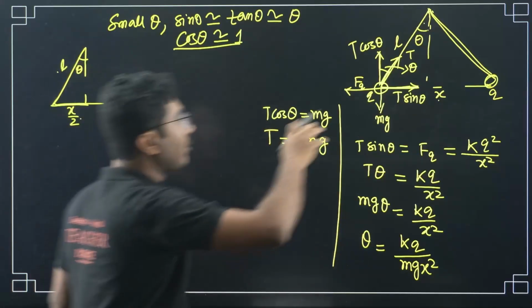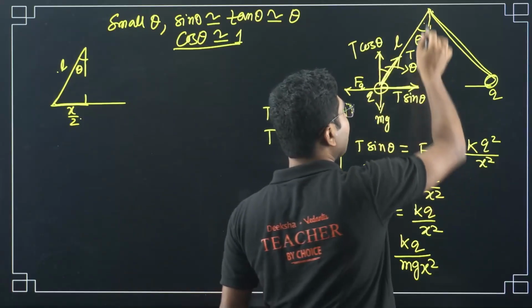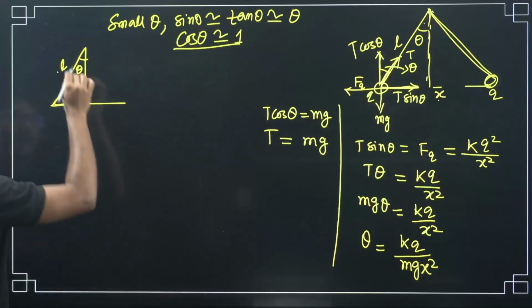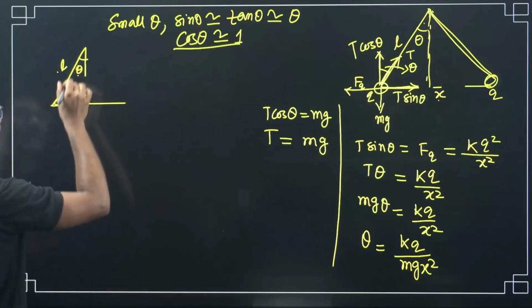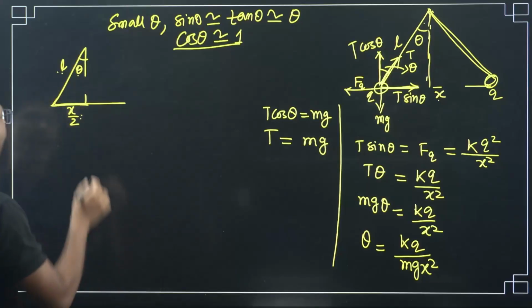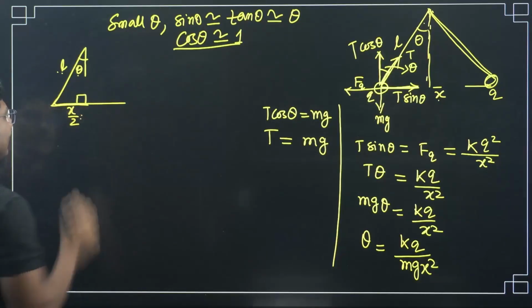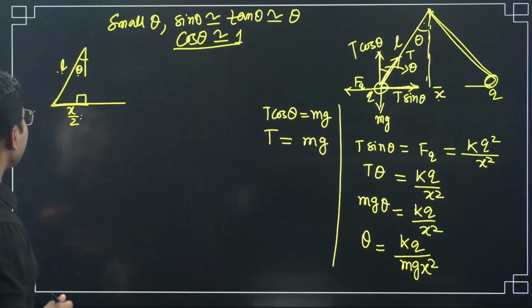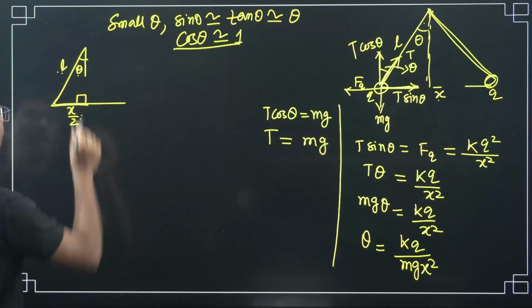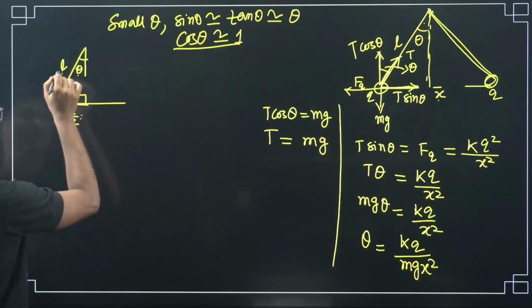So basically we have drawn this half triangle over here. Okay, so let us understand what this is. This is theta, this is L, this is x by 2. And this angle is 90 degrees, right? So from here we can say that this is perpendicular, this is hypotenuse.